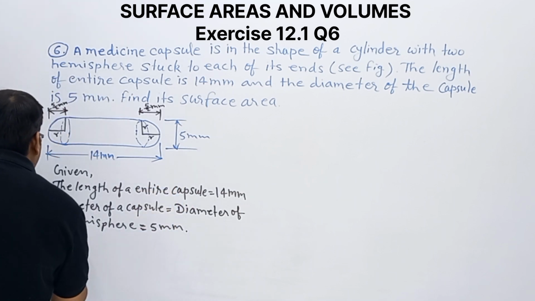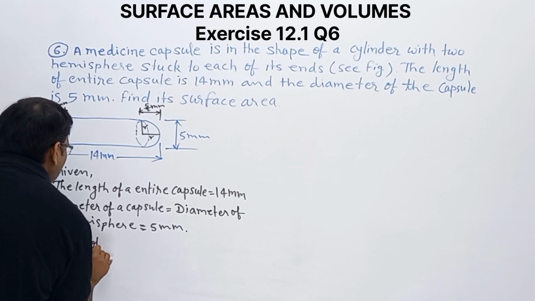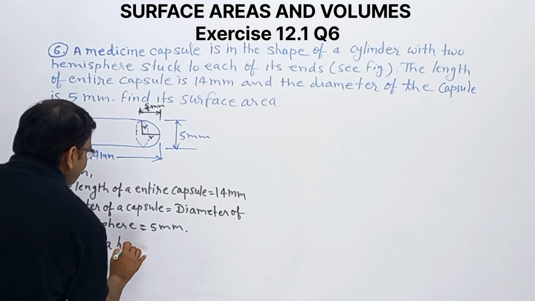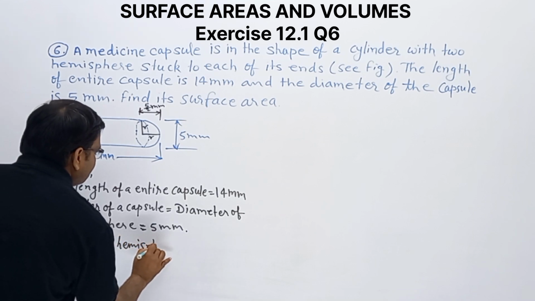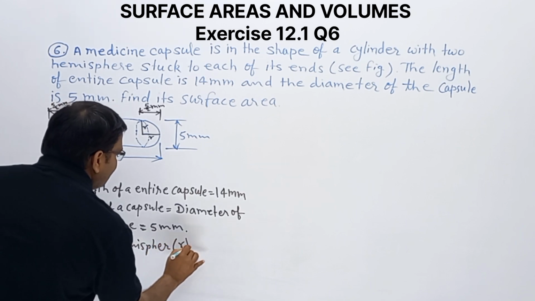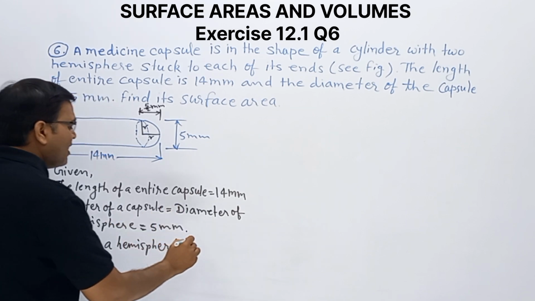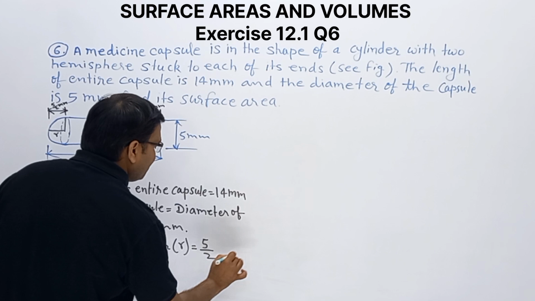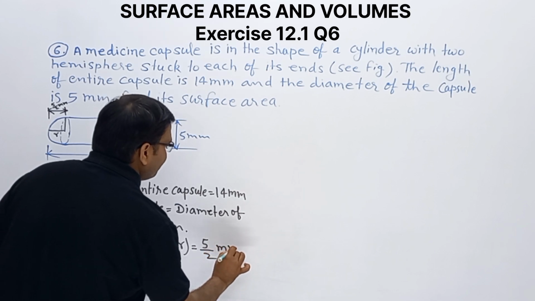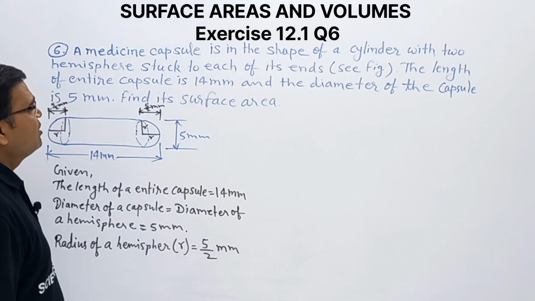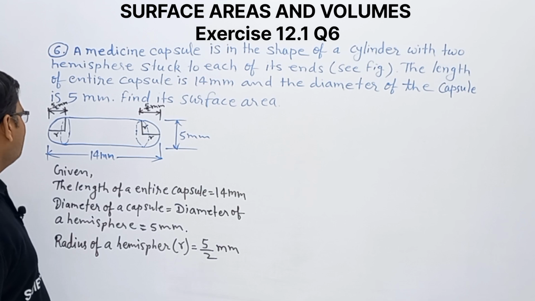So the radius of a hemisphere is equal to diameter by 2, half of the diameter, that is 5/2 mm. Clear? So these are the things we have in the question.